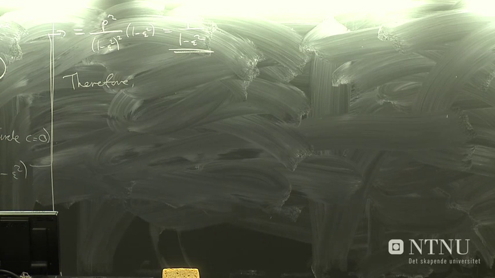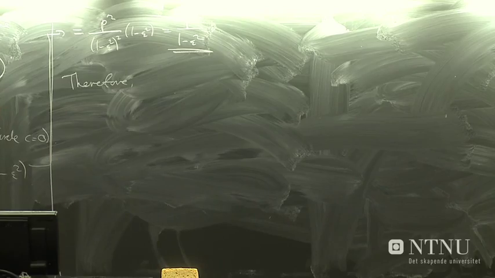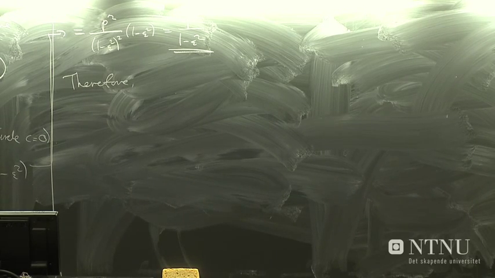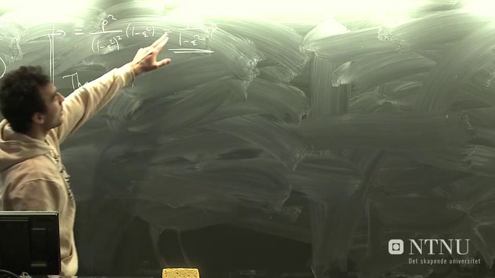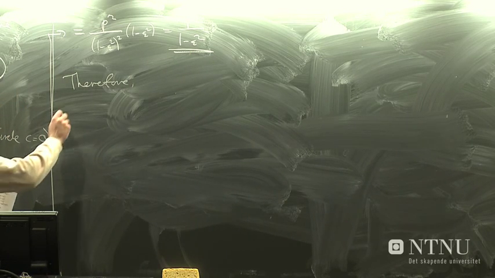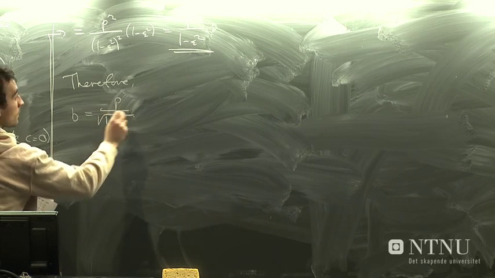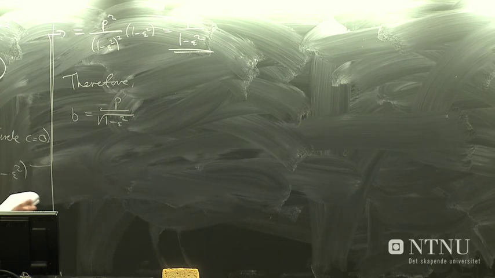And if you're interested in expressing the minor half-axis b in terms of our original parameters, energy, angular momentum, k, etc., we can follow the same strategies. We just substitute p and epsilon. So if we do that, we get this.